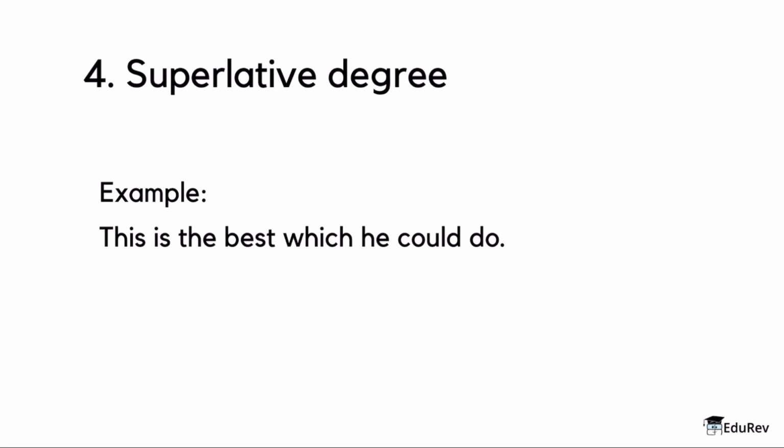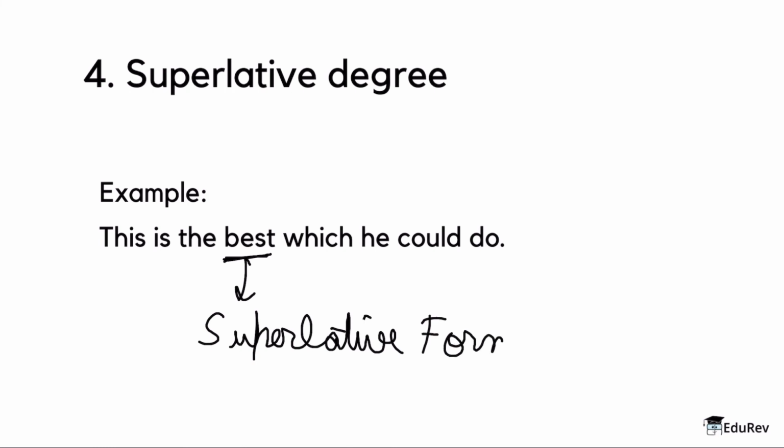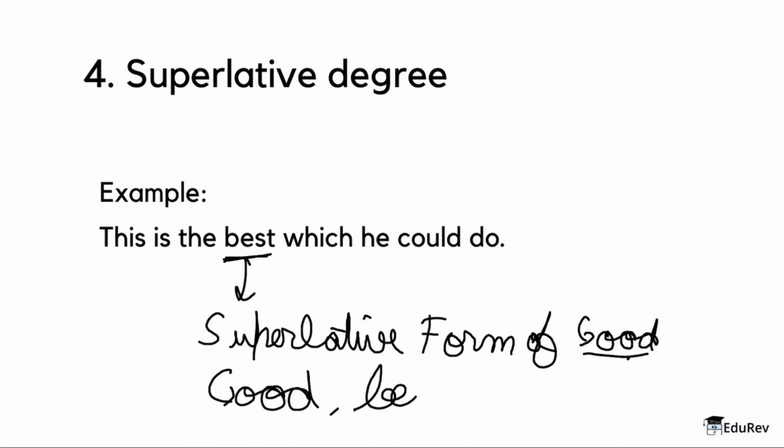The first example that we have here is: this is the best which he could do. Now we know that best here is a superlative form of good. So how do they transform? We have good, then better, and then best.